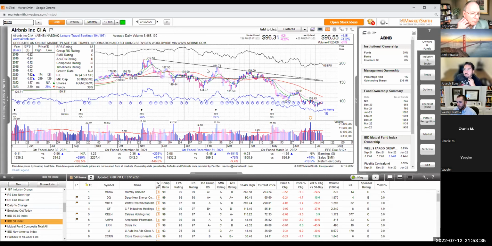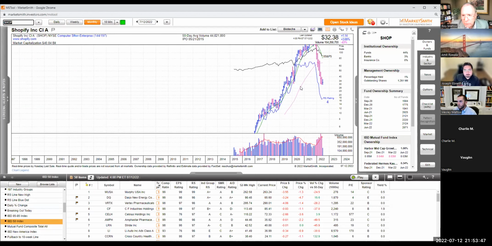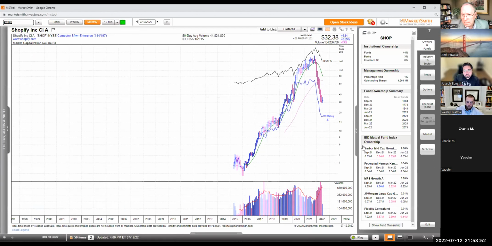Tesla bottomed when the market bottomed in 2020. Shopify was about 20% below the 200-day at the 2020 bottom, and then it had a big move.